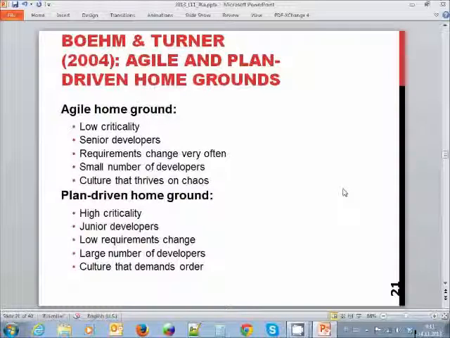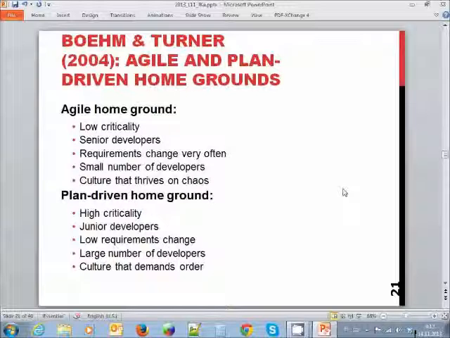This is a really stereotypical definition of these things, but if we are doing high criticality software or using junior developers, have relatively stable requirements, have large numbers of developers and a culture that demands order, then we are probably on the home ground of the plan-driven approach, or waterfall, or Rational Unified Process.